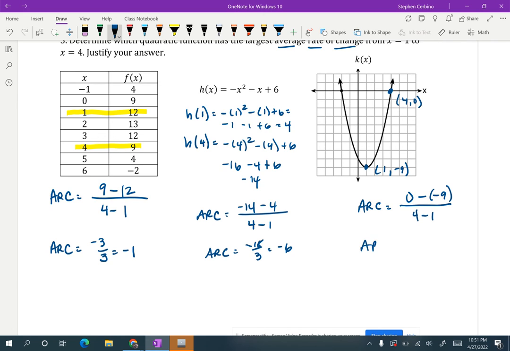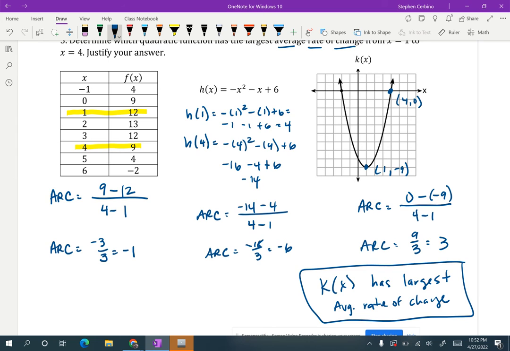So the average rate of change here is going to be 9 over 3, which is just 3. So which one has the largest average rate of change is going to be k of x, because 3 is the largest number out of those 3 answers we just got.